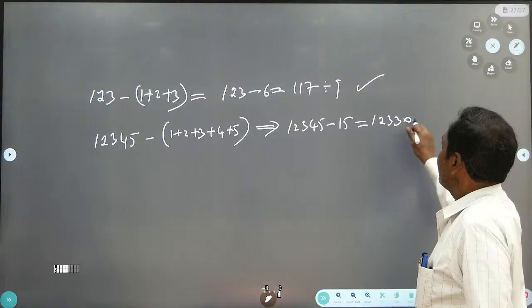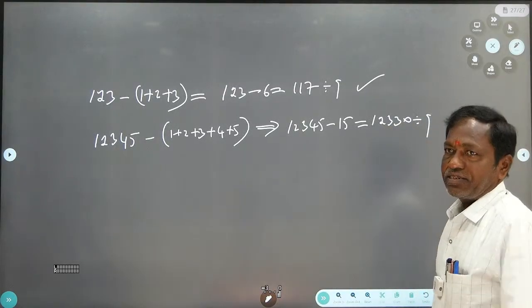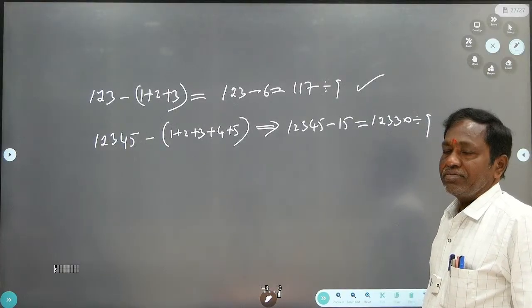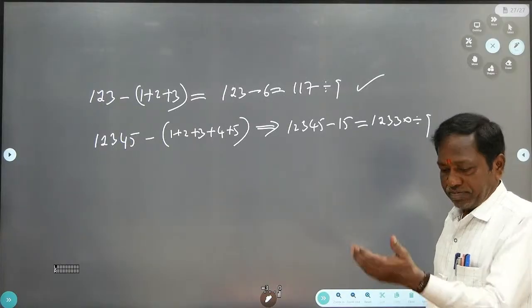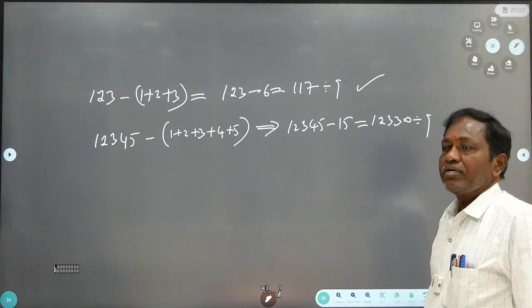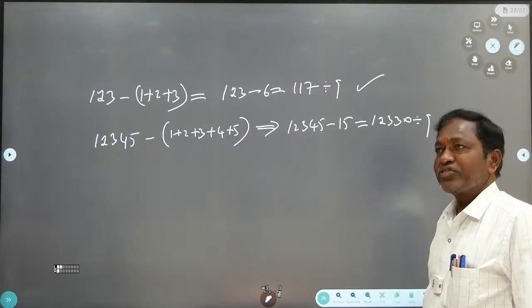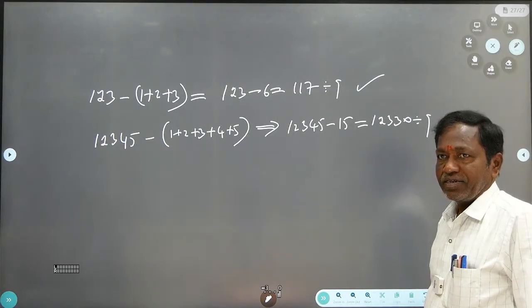So it's always divisible by 9. 1 plus 2 plus 3 plus 3 is 9. Yes. Any such number can be taken here. N number of digits can be taken. It's a standard property. This is the multiples of 9.